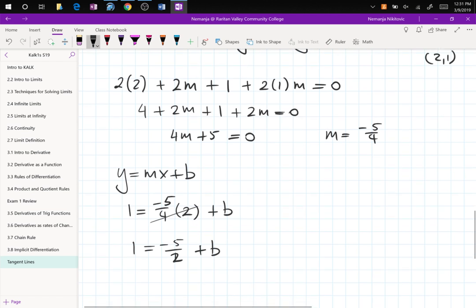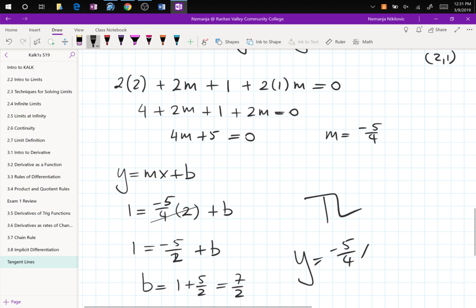And we add, so b is equal to 1 plus 5 halves, which is 7 halves. And our tangent line is y equals negative 5 quarters x plus 7 halves. And that's the answer.